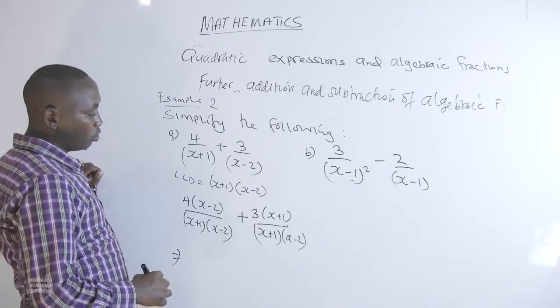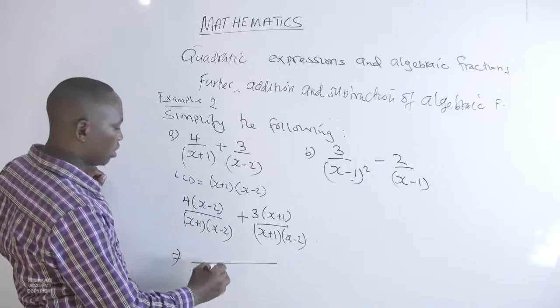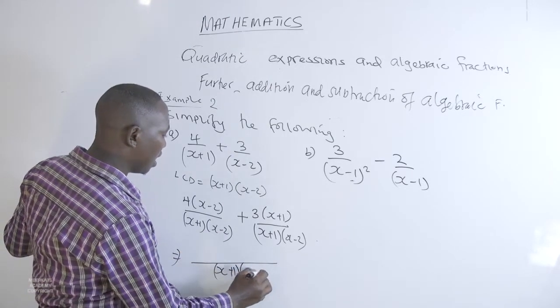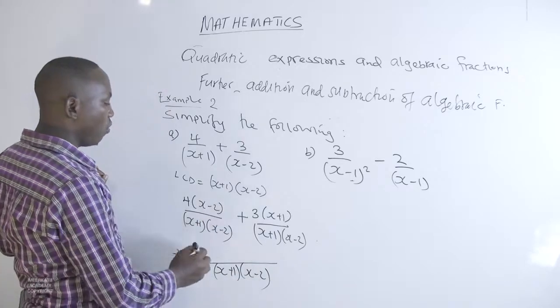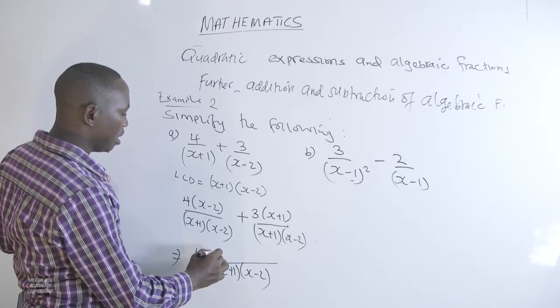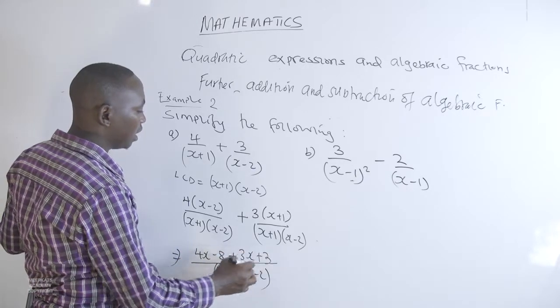We now need to move in and solve, and this will be under one denominator, which is x plus 1, x minus 2. We expand the numerator, and that will be 4x minus 8 plus 3x plus 3.